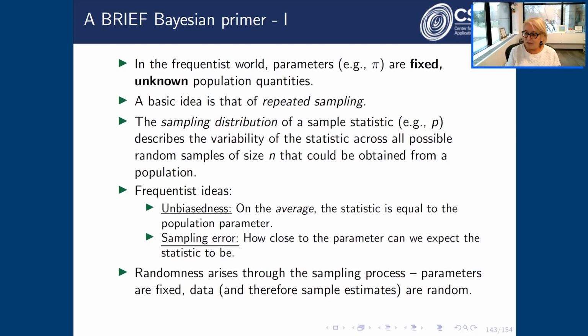So in the frequentist world, which is the world we inhabit most often when we talk about statistics, parameters, for example, the population attributes, those are fixed in the sense that there is some true proportion of something in the population. I don't know what it is, but I would like to estimate it.